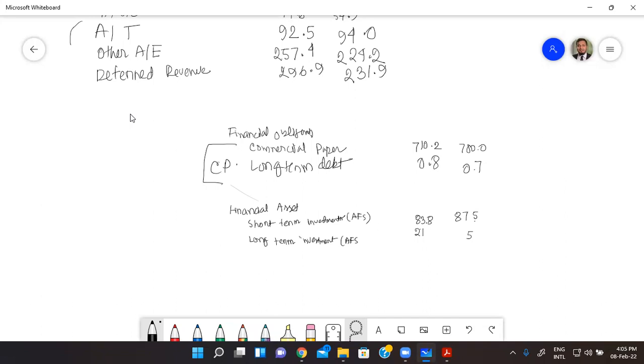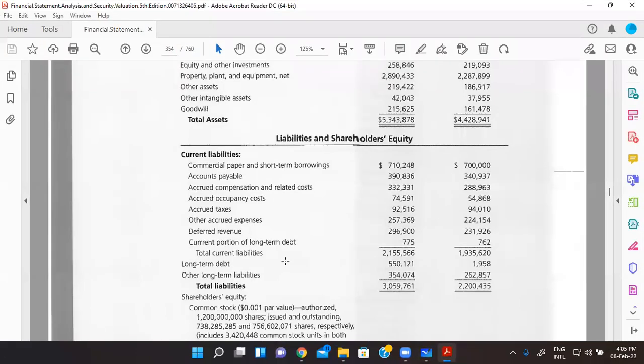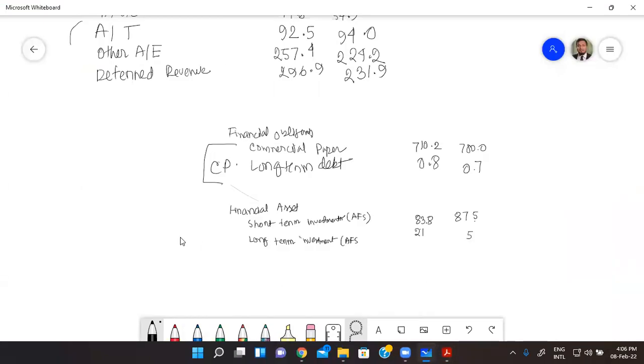Do we have any other part? Yeah, after the current portion of long-term debt, our total current liabilities is done, but we have long-term debt. Long-term debt is obviously part of our financial obligations. So we can write the long-term debt here.